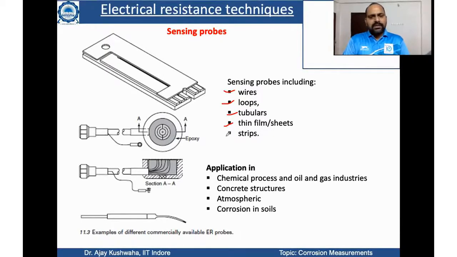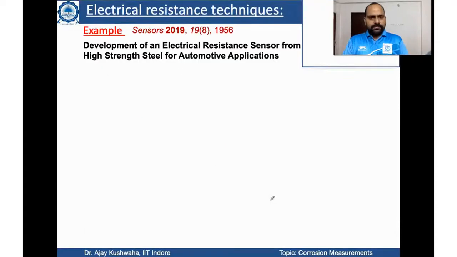And then the strips. And again, as we discussed, it can be applied in a variety of industries like chemical processing, oil and gas, concrete structures, and atmospheric corrosion in soil.